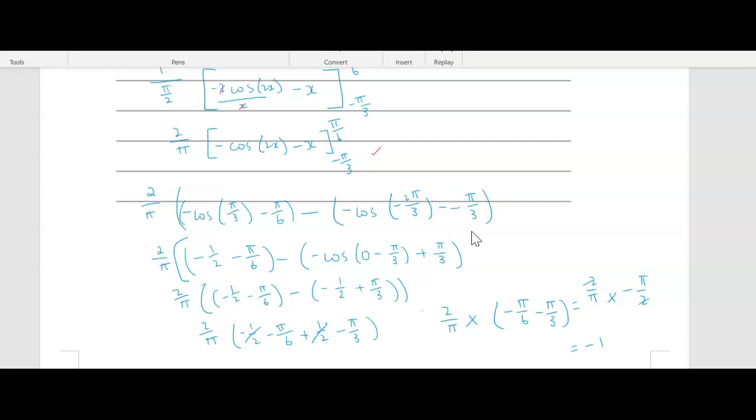Okay. So cos pi on 3 is a half, so negative a half minus pi on 6, good. And then cos negative, okay, so negative 2 pi on 3 is 0 minus pi on 3.